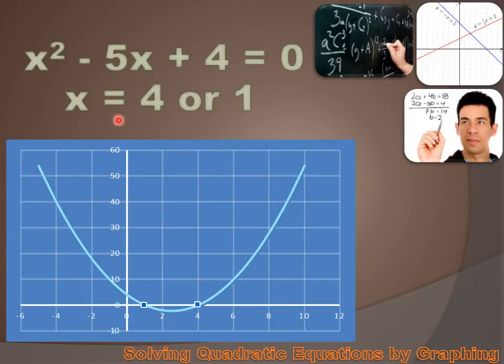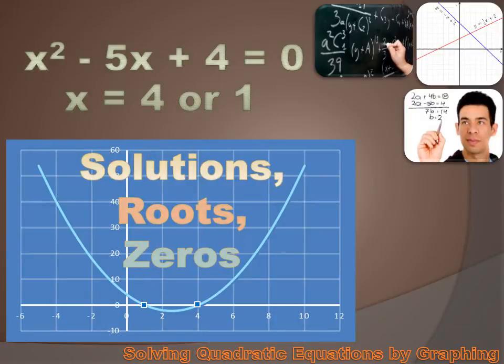Those are the solutions we came up with when we factored the equation. So another way to solve this equation would have been to graph it and figure out where it crosses the x-axis. And that would tell us what our solutions or our roots or our zeros were.